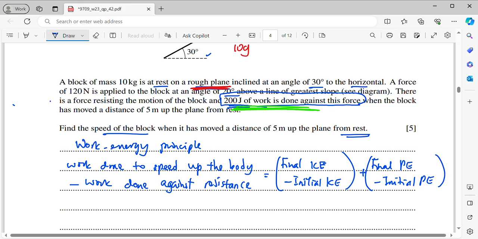So from here, this 200 is the work done against the resistance.